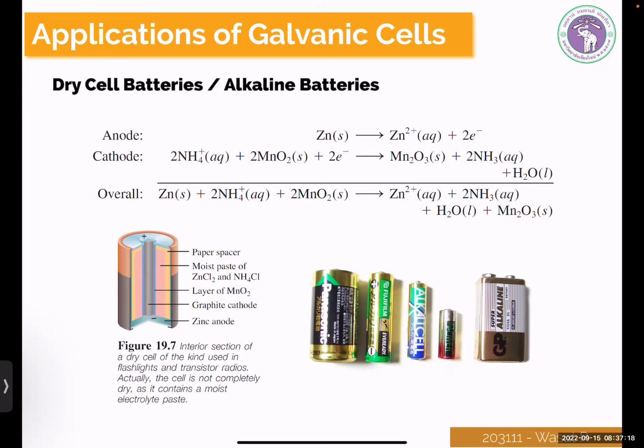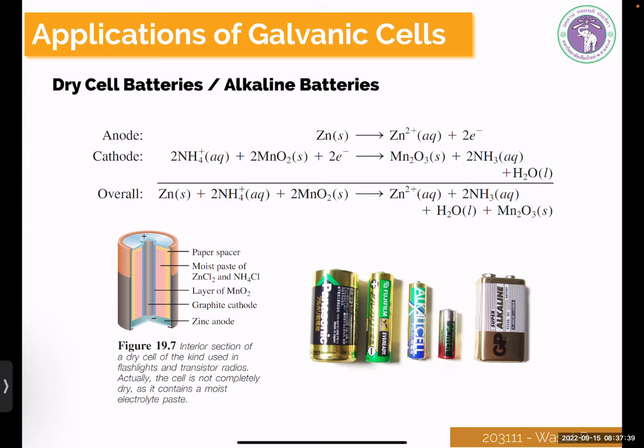Since they produce voltage, what will happen when you connect the galvanic cell with an electrical wire? You have electricity flowing through the wire. That's why the main application of galvanic cells is batteries.